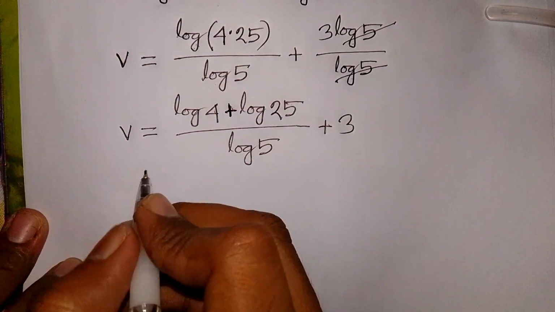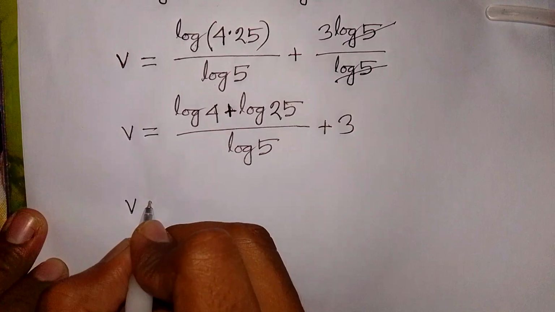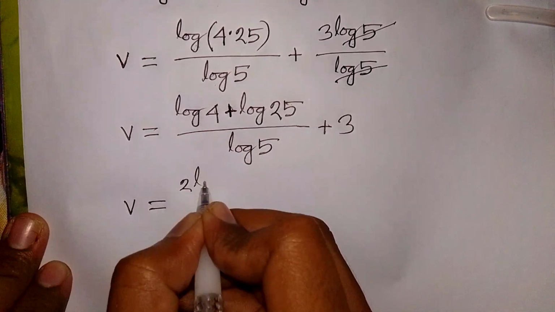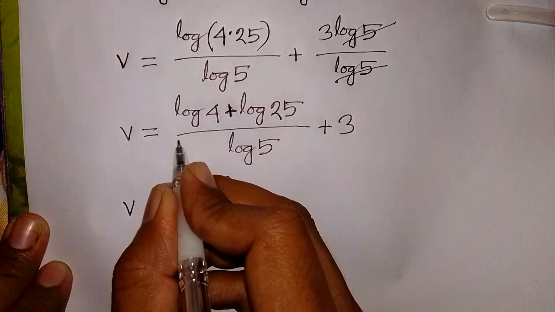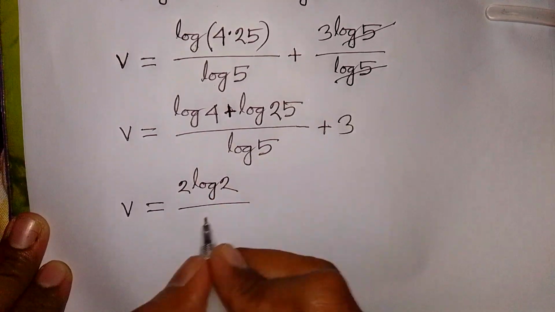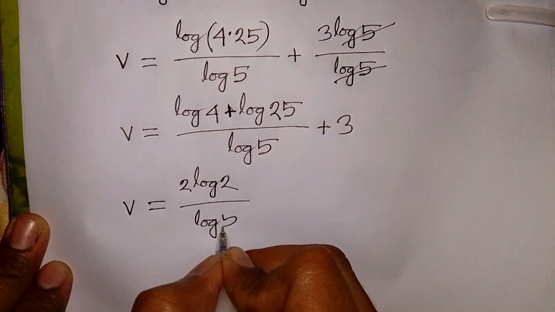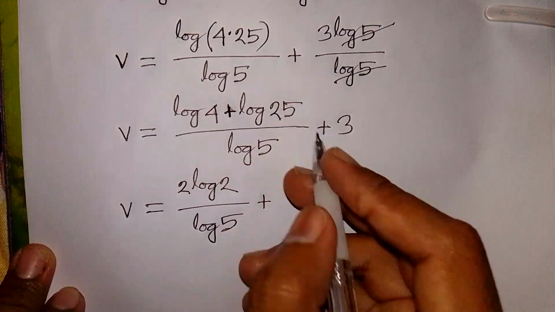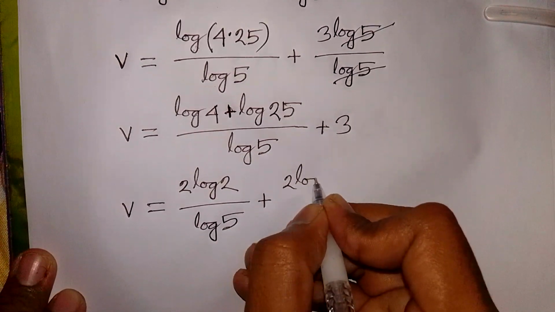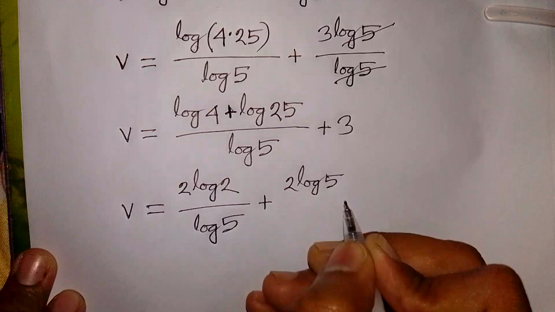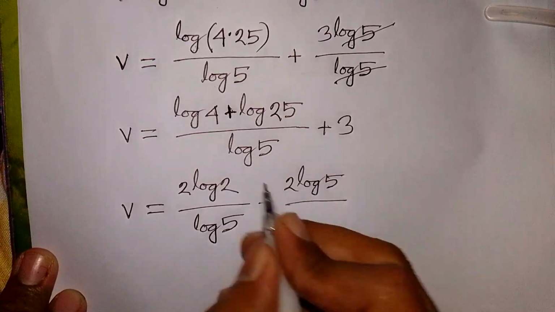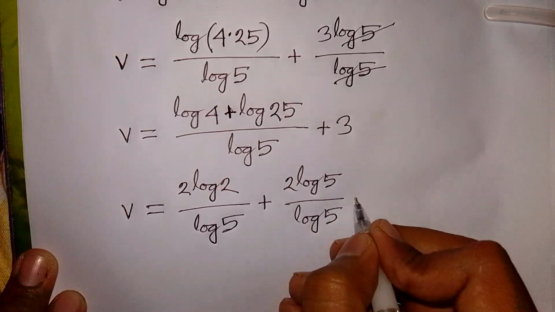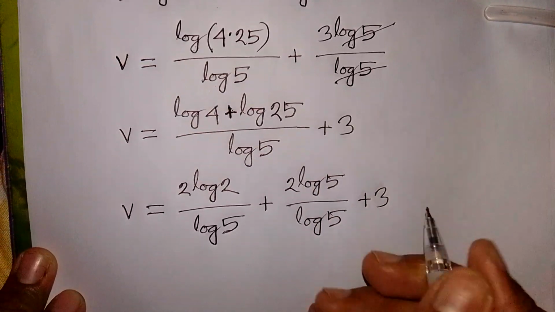In the next step, v is equal to log 4, which is the same as 2 log 2, over log 5, here plus log 25, which is the same as 2 log 5, over log 5, and here plus 3.